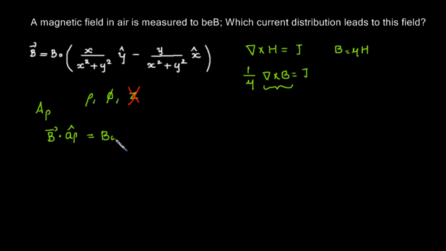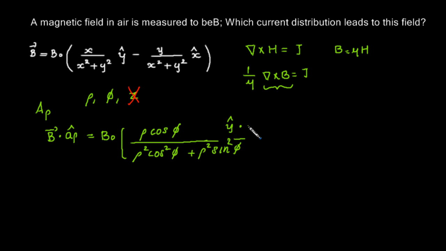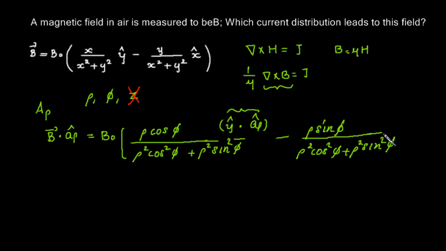That will be B naught into x, which must be replaced by rho cos phi for converting into the cylindrical coordinate system, over rho square cos square phi plus rho square sin square phi, that is for y square, into y cap dot a rho cap, minus y, that is rho sin phi, over rho square cos square phi plus rho square sin square phi, into x cap dot a rho cap.